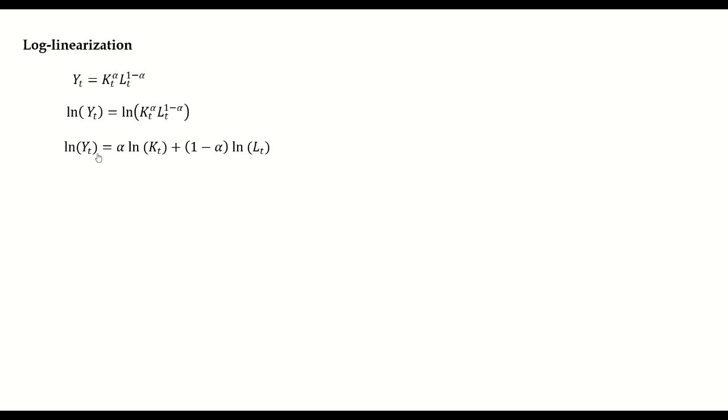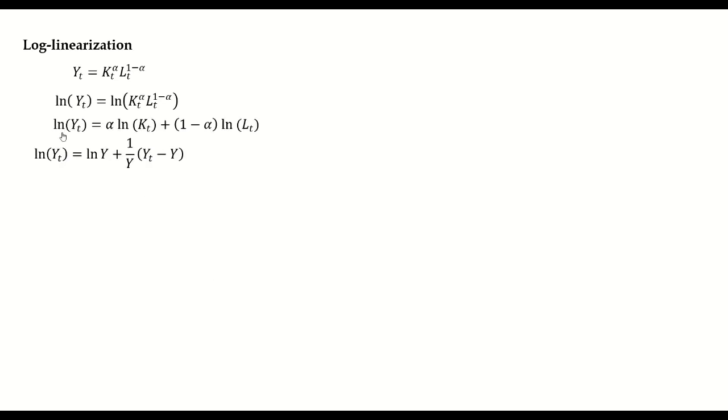So let's just do the first order Taylor approximation of log of yt. Let's understand how we arrive at this first order Taylor approximation for the function log of yt. The same process we will follow for log of kt and log of lt.